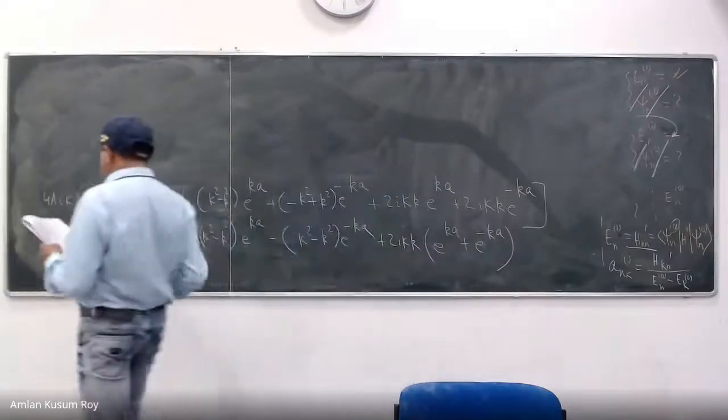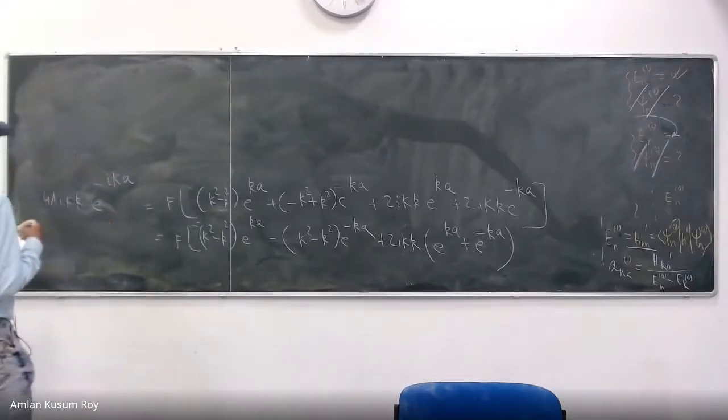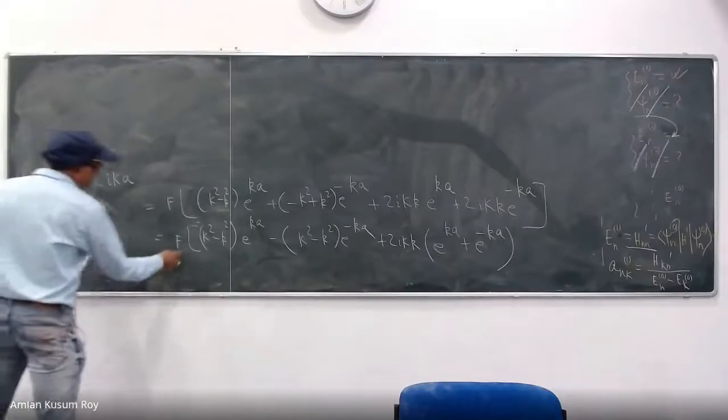So then I can write, I can get A, here is A and here is F.